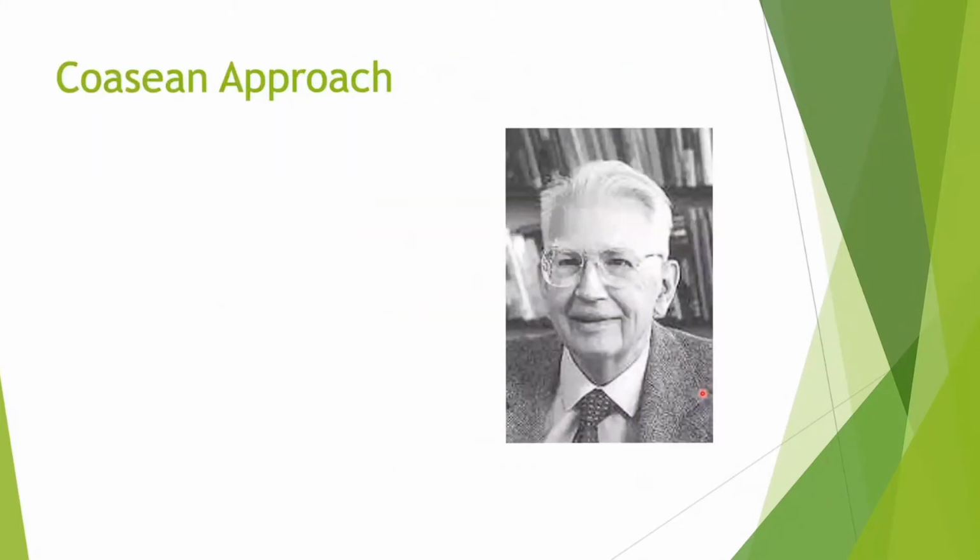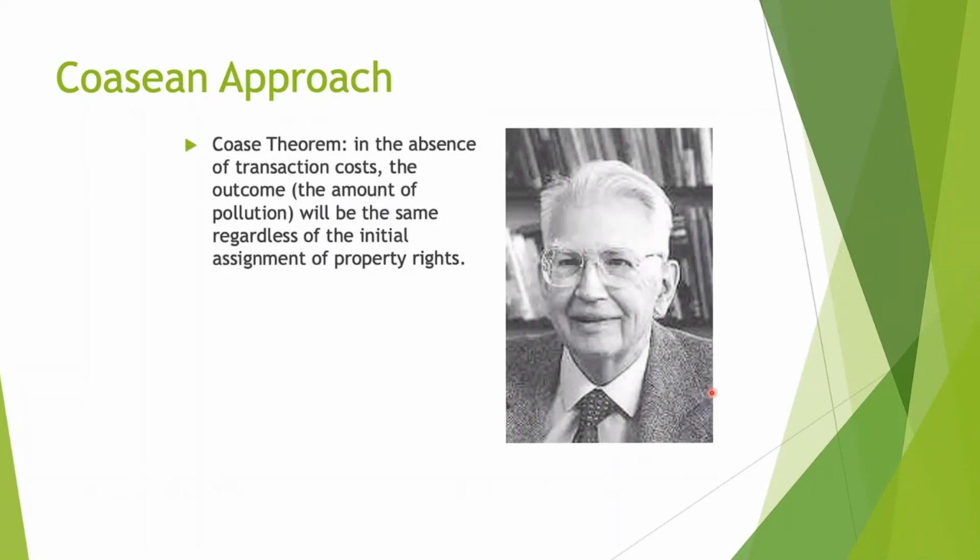This guy here, Ronald Coase, is one of the most famous individuals in the field of environmental economics, really one of the most famous individuals in economics. He won a Nobel Prize largely for his work on property rights.